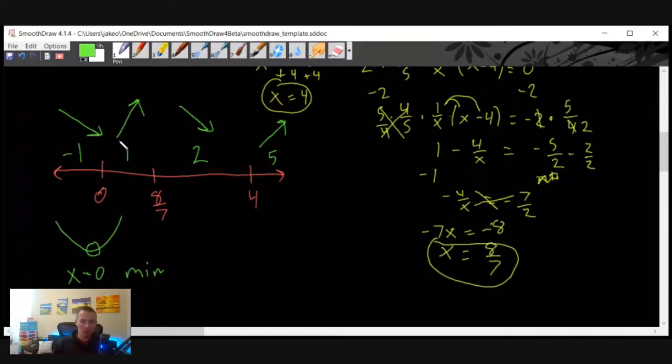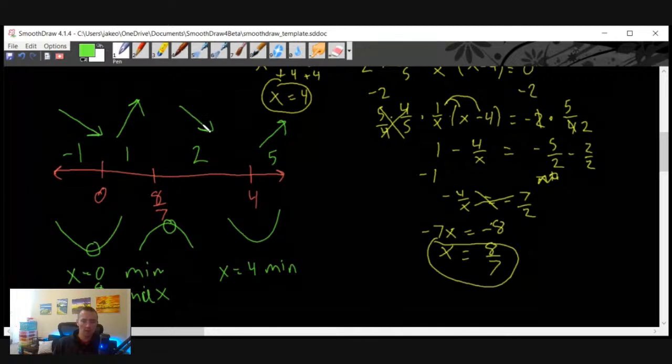And then if we're increasing to the left and decreasing to the right, that creates something more like this. So that tells us that our function is at a maximum at that point. So x equals 8/7 is a max. And then same thing again over here. We're decreasing and then increasing, creating a minimum at x equals 4.